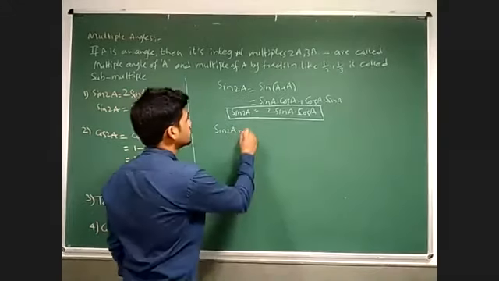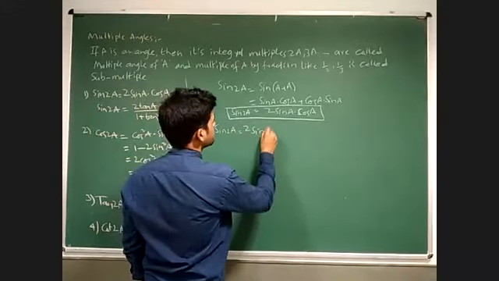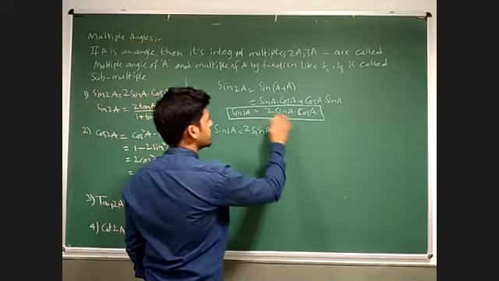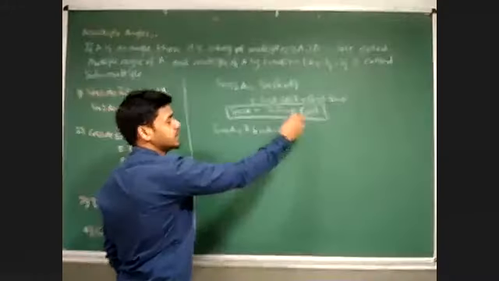Now the second formula of sine 2A. I know sine 2A is nothing but 2 sine A into cos A, as we have derived here.